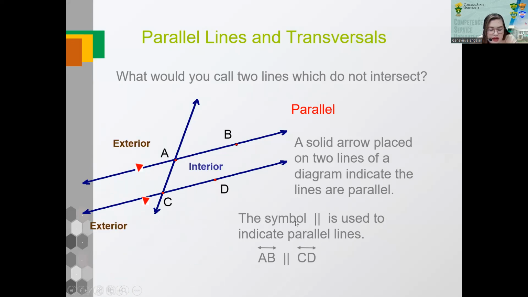Okay. So kung naa kay transversal, these are the interior. By the way, if we have a line nga nag-intersect sa duha ka parallel lines, this is called the transversal. So kung naa kay parallel lines cut by a transversal line, these are the interior.